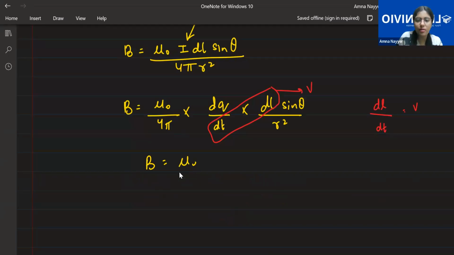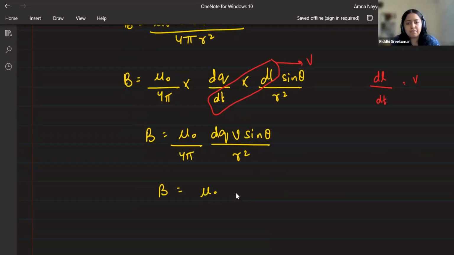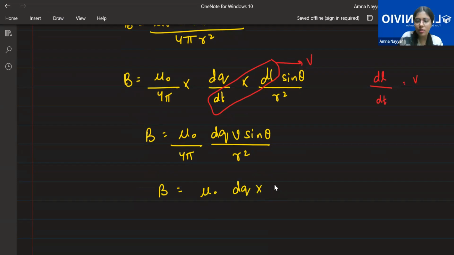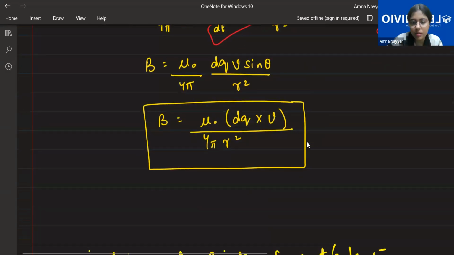Mu naught by 4 pi will be as it is, dq is here, v sine theta by r square. Now AB sine theta means the cross product, so we'll get mu naught dq v cross r divided by 4 pi r square. So this is also one formula you can use if you see any question based on charge and velocity.